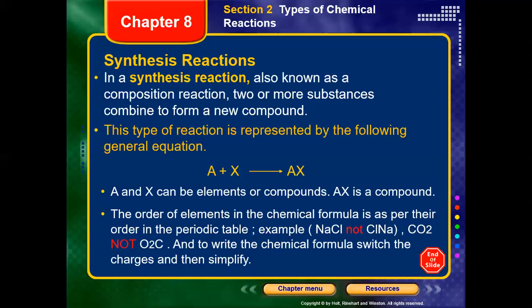It's not exactly positive 4 because it's a non-metal, but we are talking about positive polarity and negative polarity. Positive 4, oxygen negative 2, switch the charge and simplify. You get C2O4, then you can simplify it into CO2. This lesson was already done before in chapters 6 and 7.